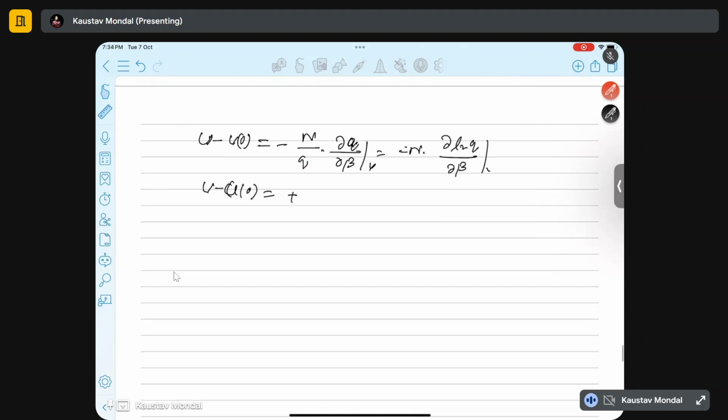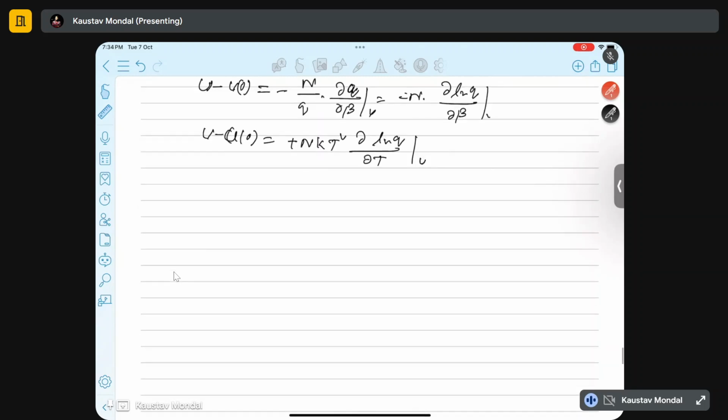In that case it would be plus N k T square into del ln q by del T. So now S will be simply equal to NkT into del ln q by del T at constant volume plus nR ln q minus nR ln N plus nR.